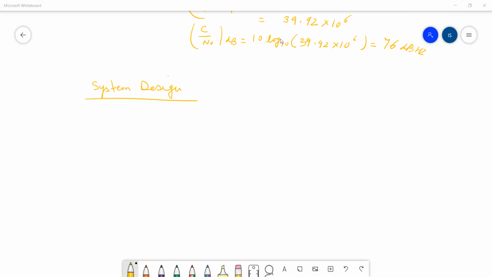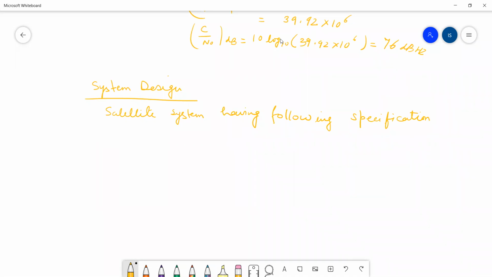Suppose there is a satellite system having the following specifications. We have to estimate the minimum carrier to noise ratio required at the receiving Earth station. So that we have to calculate.